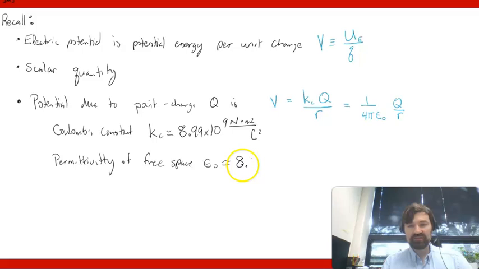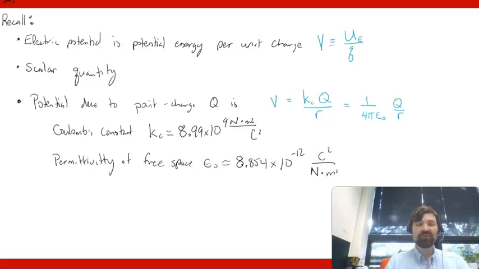Coulomb's constant is about 8.99 times 10 to the 9 Newton meters squared per Coulomb squared, whereas the permittivity of free space epsilon naught is 8.854 times 10 to the negative 12 Coulomb squared per Newton meter squared.